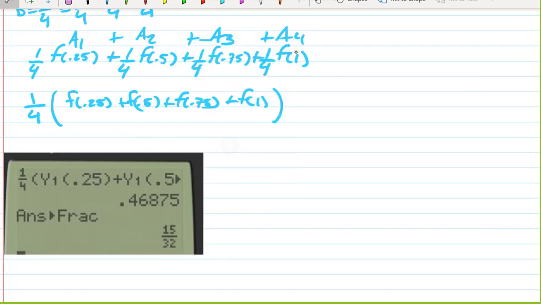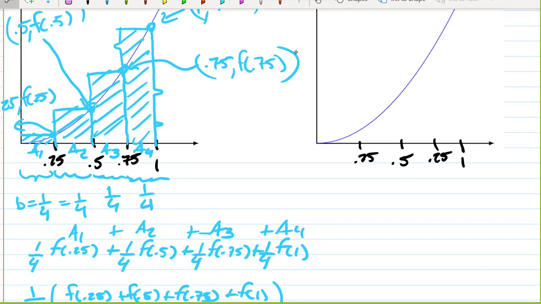So in this example, when we did this, we used the right endpoint of each of these to find an estimate for the height of all of those, and it turned out that we got an overestimate.